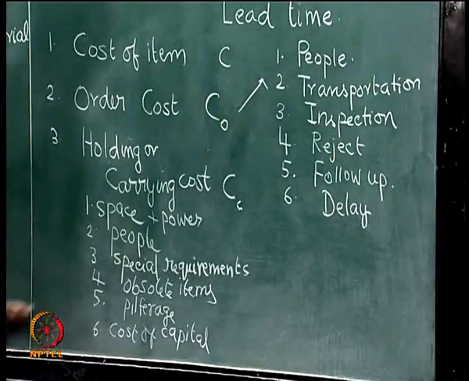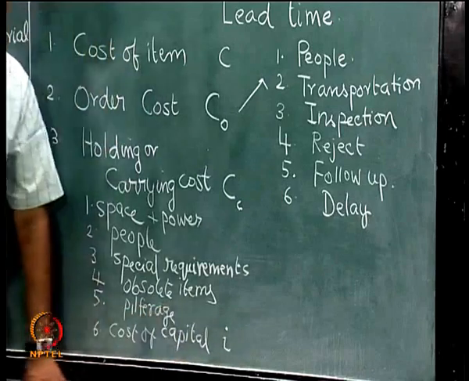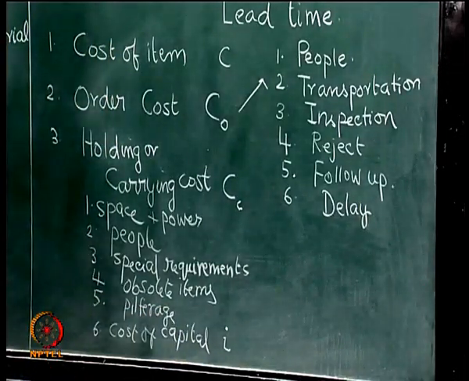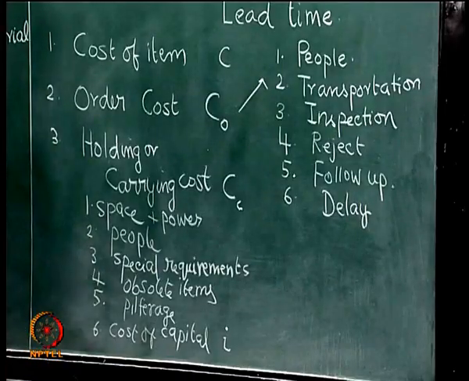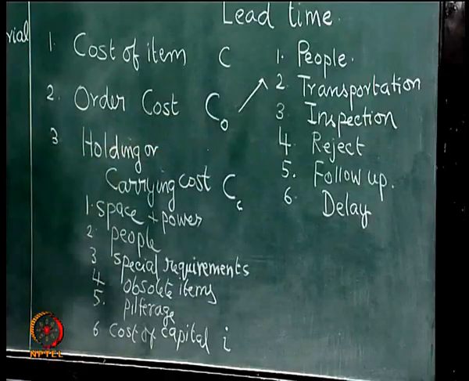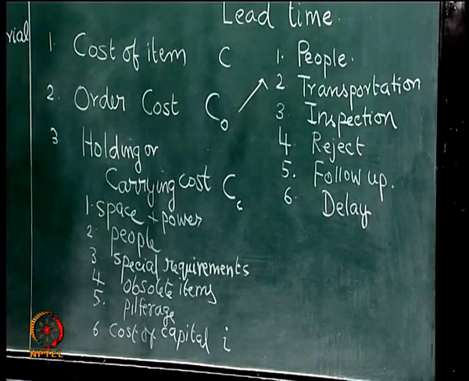So, this is also defined as some kind of interest rate that the organization spends, which is given by small i, and therefore, the CC, if we consider all these costs, then the CC is the cost of holding the item. It comes as so many rupees per unit per year or per period.